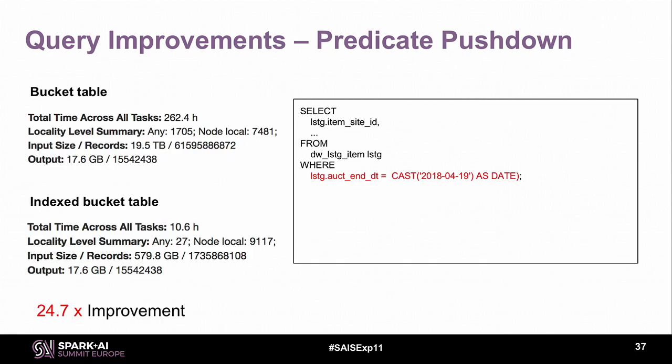Here is an example of Parquet predicate pushdown on an indexed bucket table. We want to select April 19th data from the item table. We know that action and date is date type. If the date type supports predicate pushdown, it only takes 10.6 hours to read 580 gigabytes.